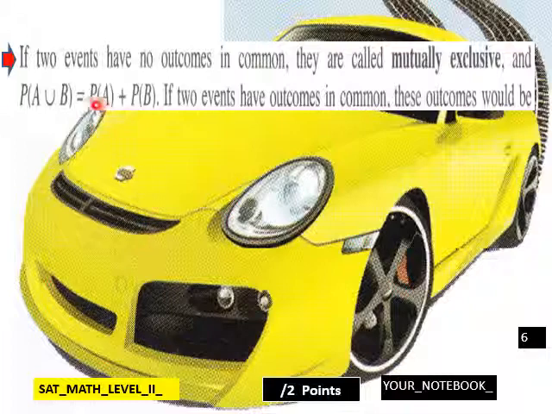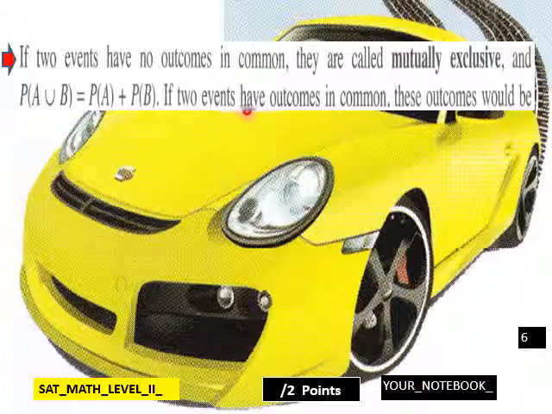on the test. If two events have no outcomes in common, they are called mutually exclusive, and probability of A disjoint B would equal probability of A plus probability of B, since they're not dependent on each other.